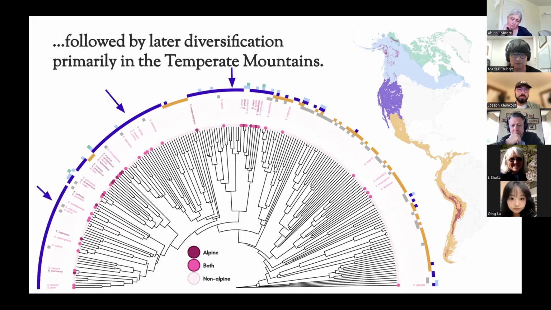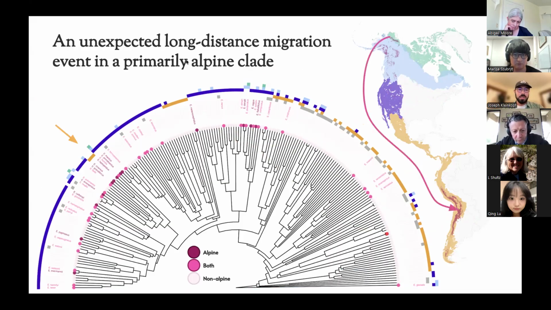And then later on, it diversified primarily in the temperate mountains, although it looks like maybe some diversification occurred in the boreal regions. And then there's this really interesting group here. There are three South American Andean taxa that I included, and they come out next to this Arctic taxon. And at first I thought I did something wrong.